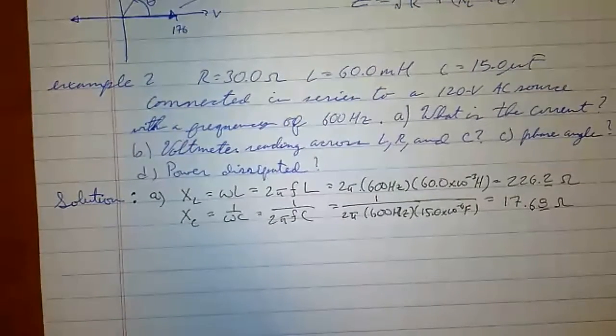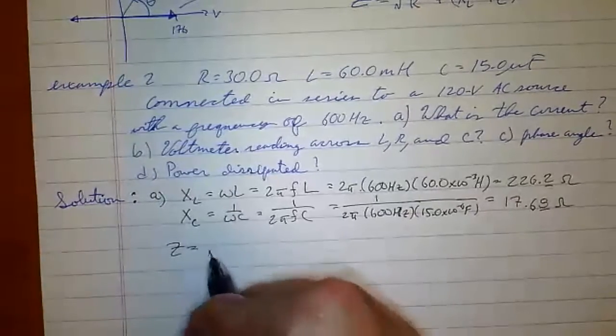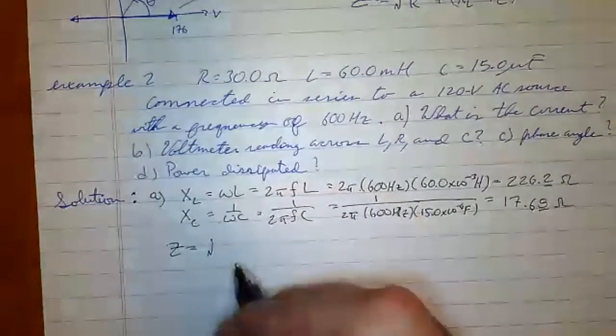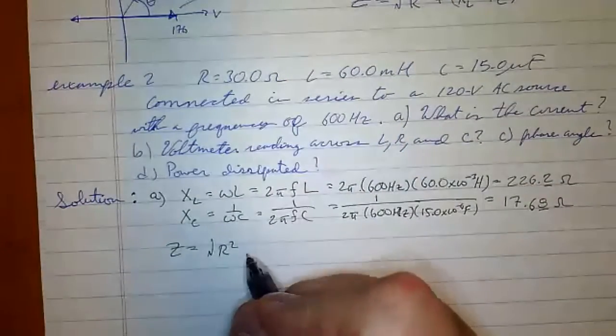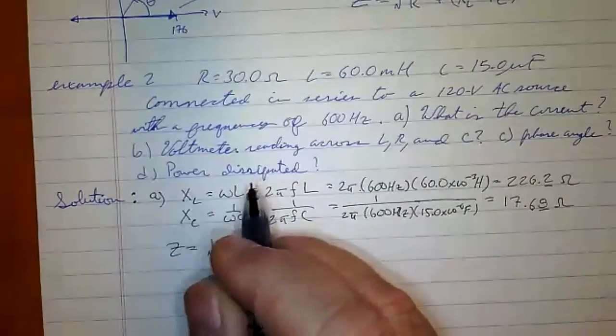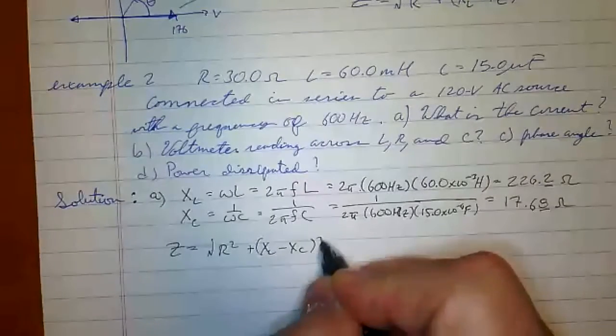So if I want to know the current, I've got to take these XLs and realize that the total impedance Z is equal to the square root of R squared plus (XL minus XC) quantity squared.